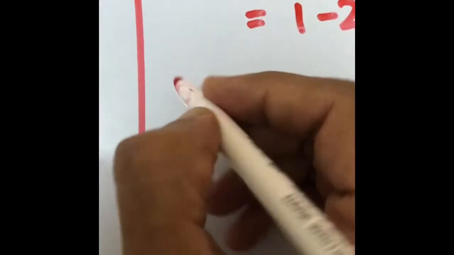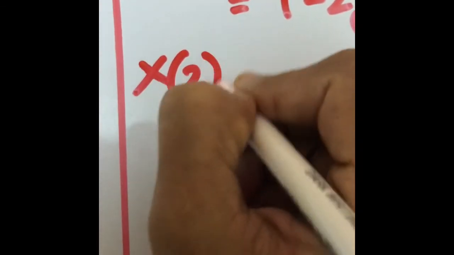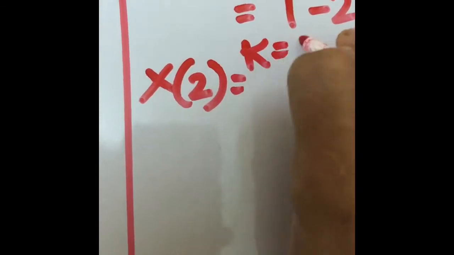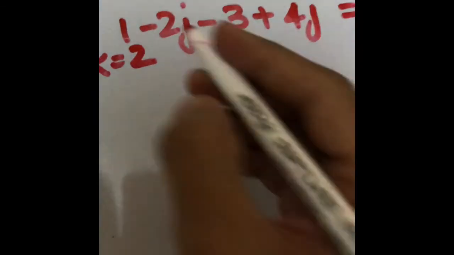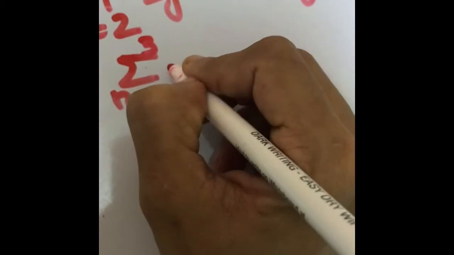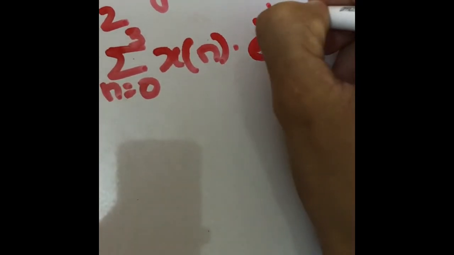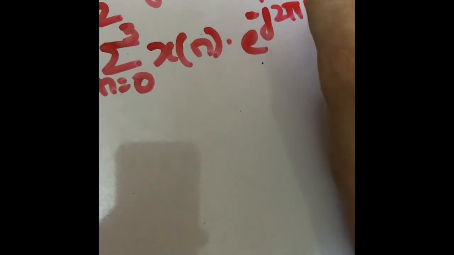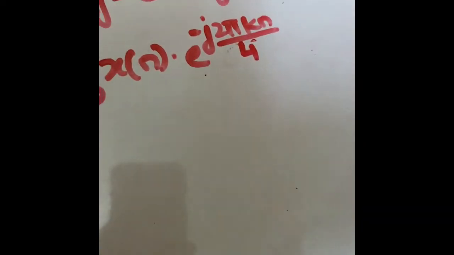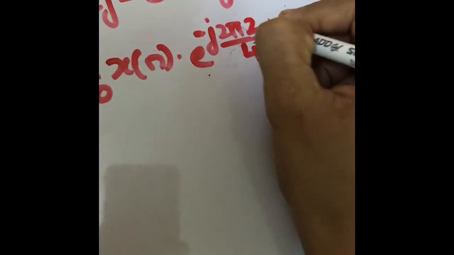Now similarly we can do it for x of 2 as well, that is, when we substitute k is equal to 2. So if I substitute k is equal to 2, it will be summation from n is equal to 0 to 3 x of n into e raised to minus j 2 pi k n by N, where capital N is equal to 4 since we are taking a 4-point DFT, and small k is equal to 2.